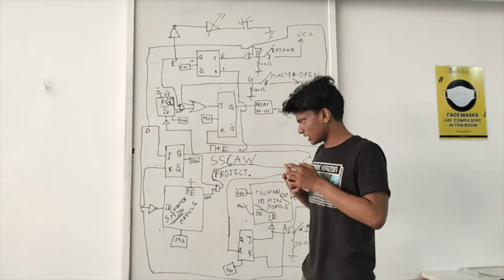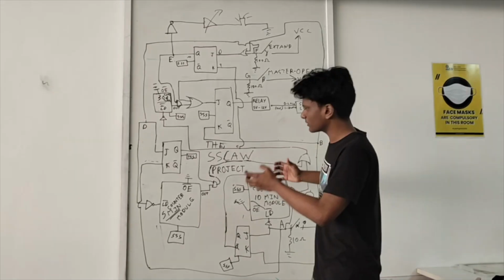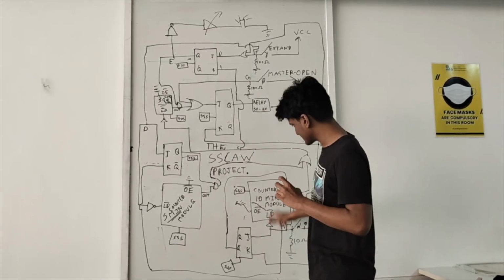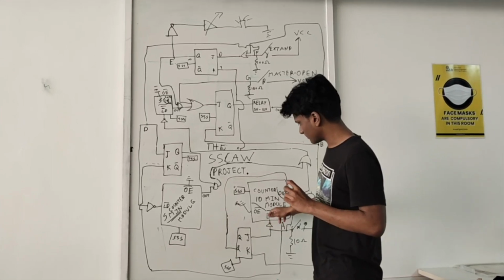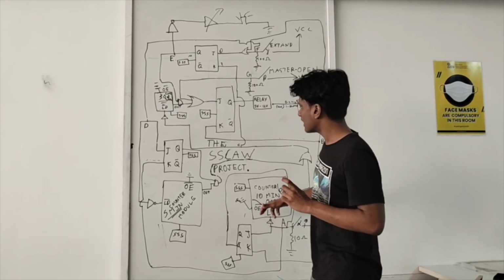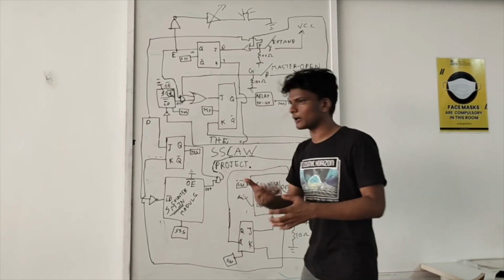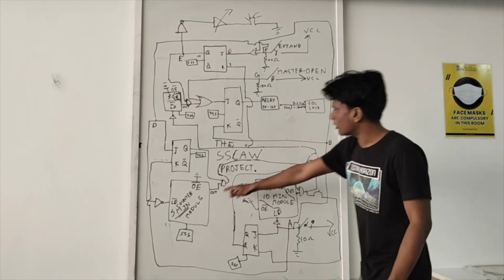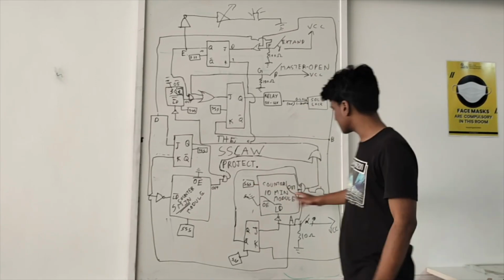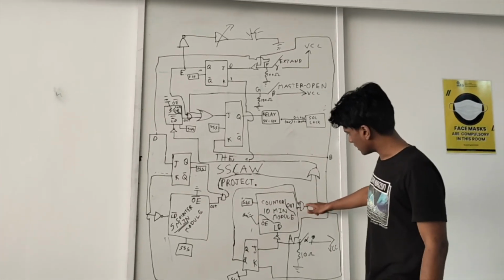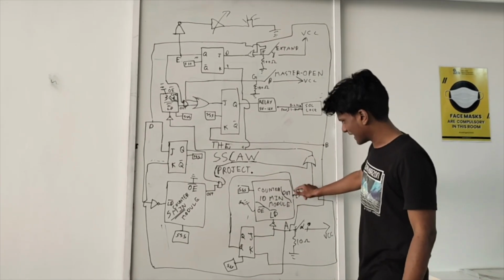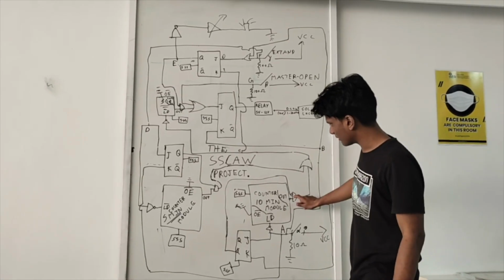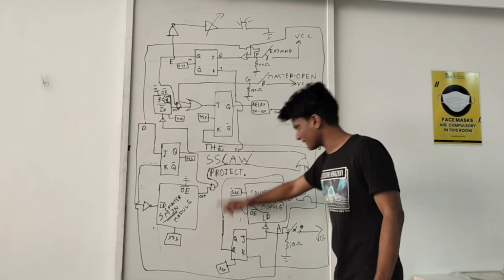Every time we want to read output from a counter, we need to first reset it by the LD bar, and also we need to enable the output. To enable the output, all the outputs of the counters are being sent to an AND gate, where we will have another input as the output enable.